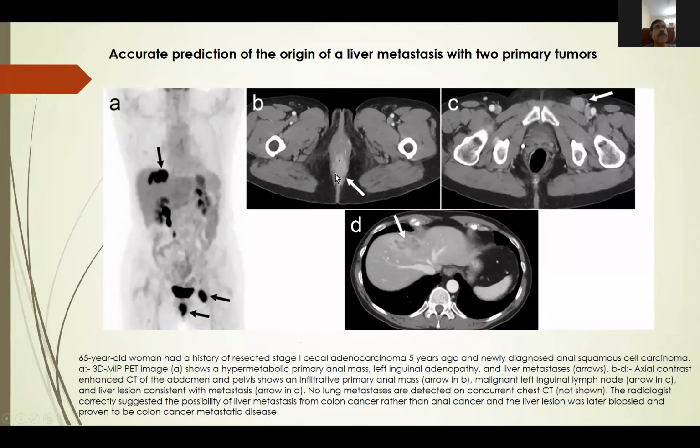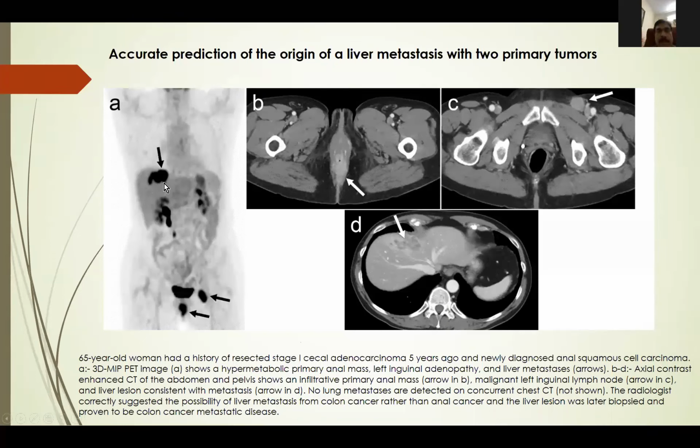This tumor here, anal carcinoma, was a squamous cell carcinoma, and it typically spreads to locoregional lymph nodes, to the inguinal nodes, without spreading to the lungs, and this patient did not have lung metastasis. It's not typical for this squamous cell carcinoma to spread to the portal circulation, to the liver.